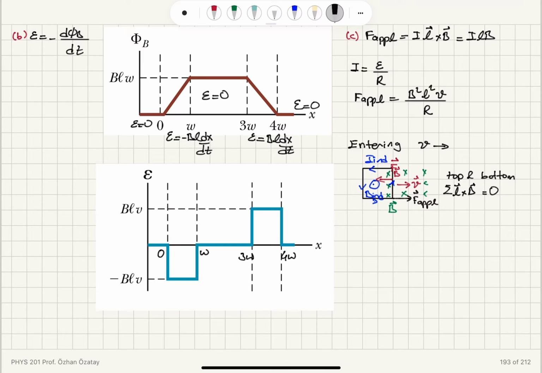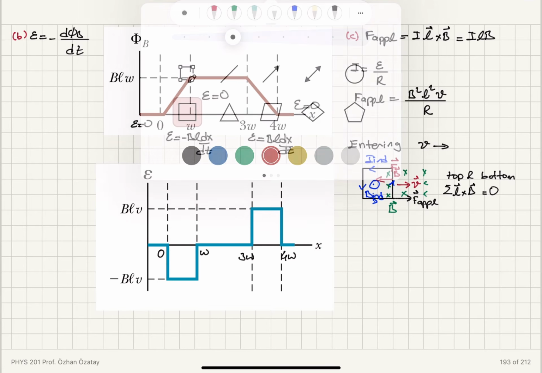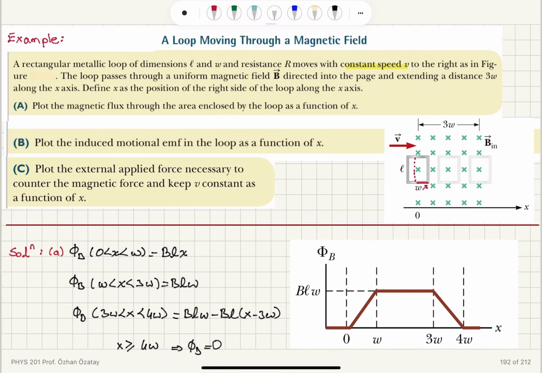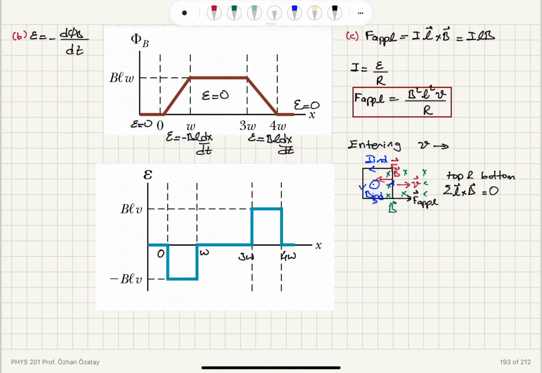The applied force should be pointing to the right, and it's going to be in magnitude equal to B squared L squared V over R. Okay, so because we have I L cross B, remember this side is L, this is going to be ILB, and this side has no contribution, it's not inside the magnetic field.